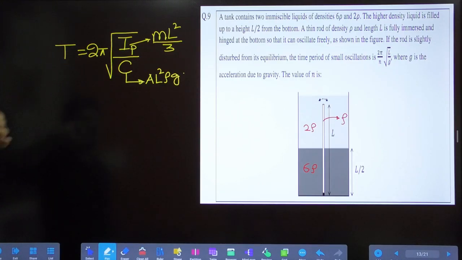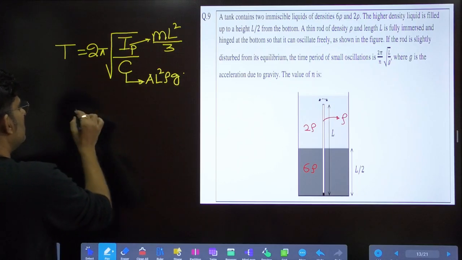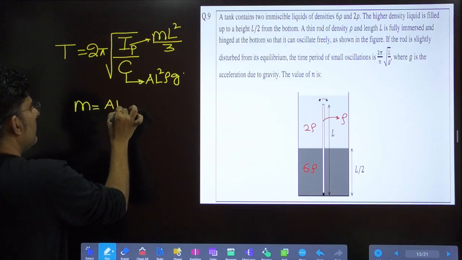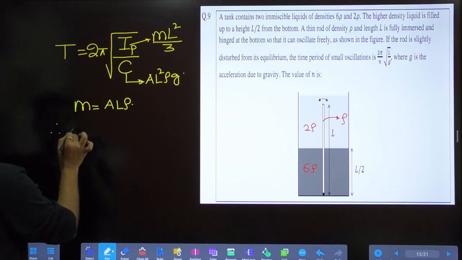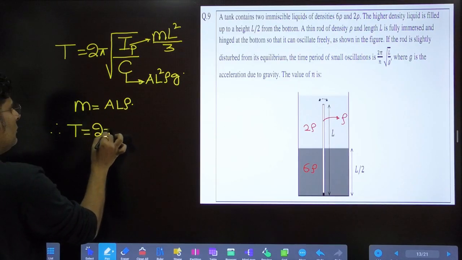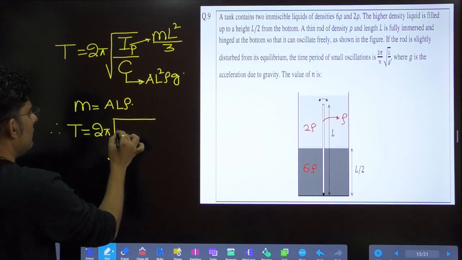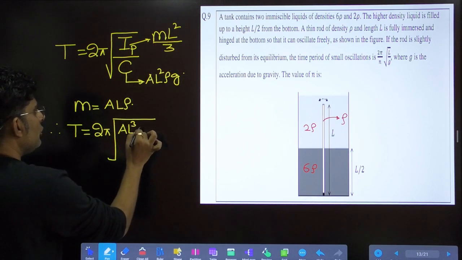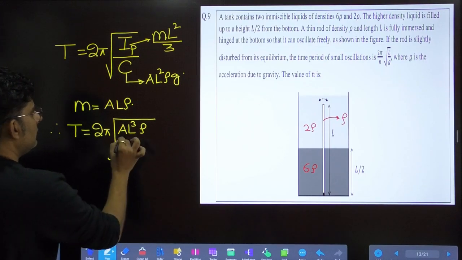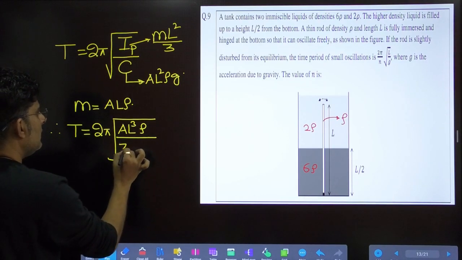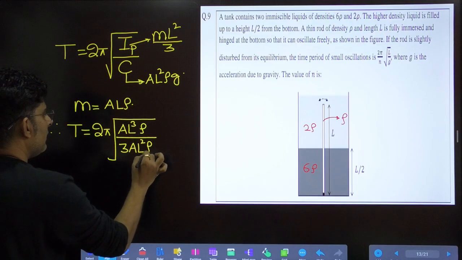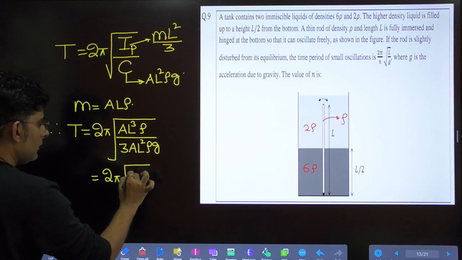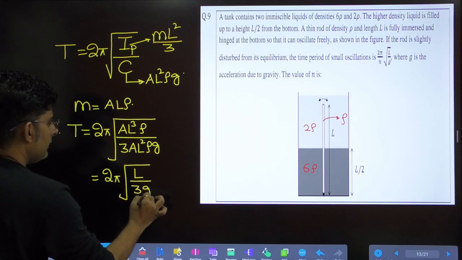Clear? Now what is obtained from here? Mass of the rod we can write as AL into rho. So time period expression hence becomes 2 pi under root AL into L square, L cube rho by, we have got 3 AL square rho G, which becomes 2 pi under root L by 3G.